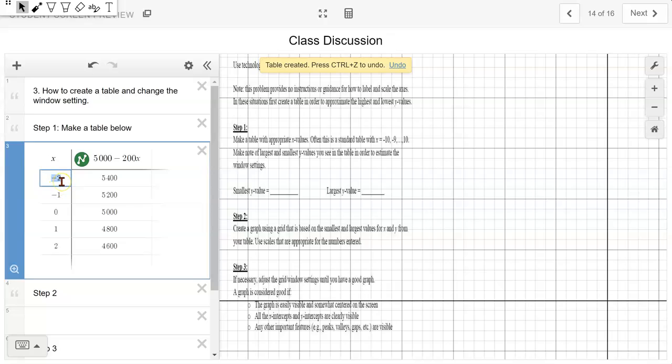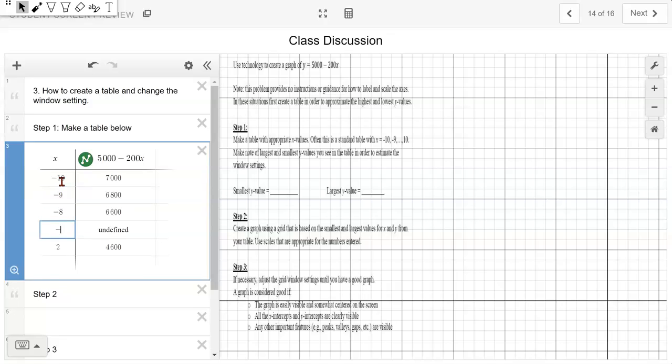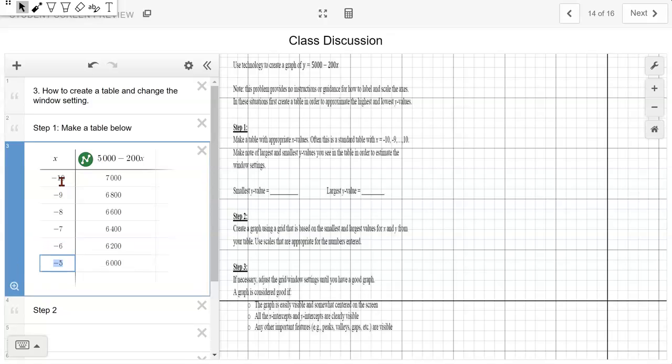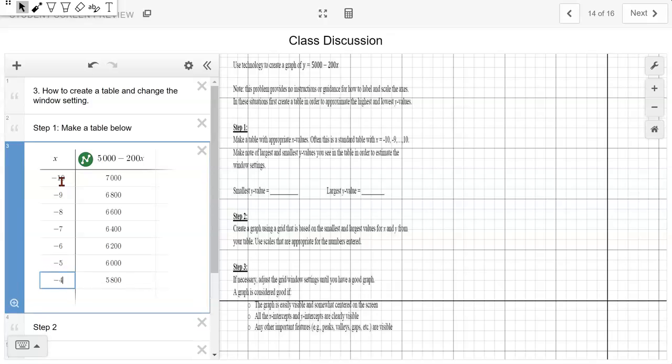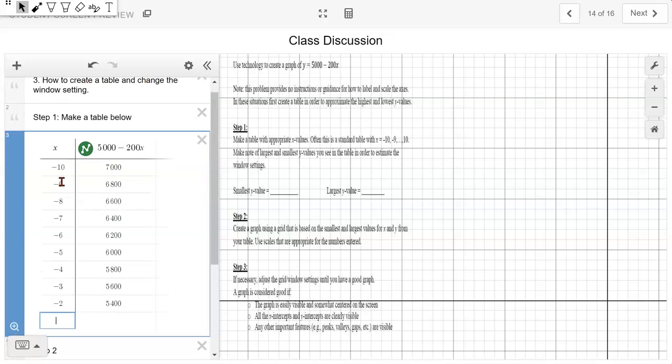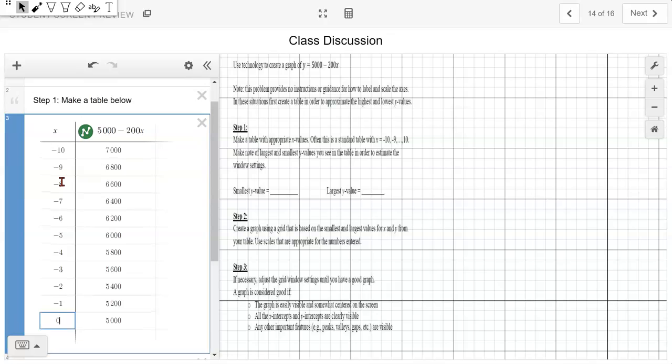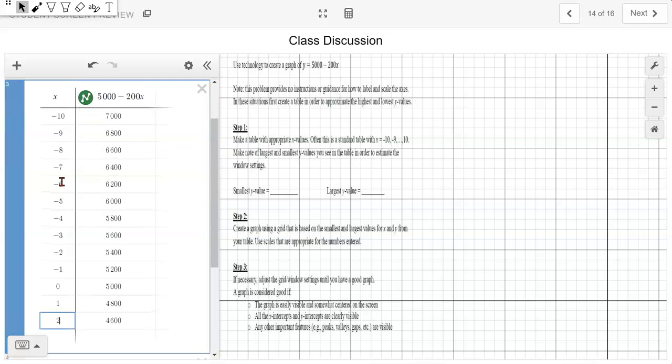So let's do that from -10 to +10. -9, -8, -7, -4, -3, -2, -1, 0, 1, 2, 3, 4, 5, 6, 7, 8, 9, and 10.